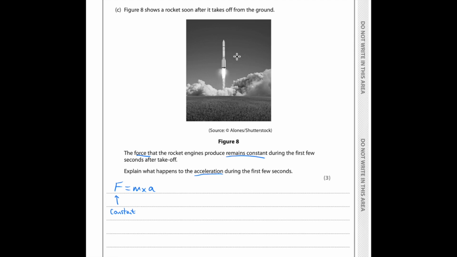So as the rocket is going up, it's burning fuel. And as it burns fuel, the mass is going to decrease. So this number here, the mass, is going to decrease. And if this remains constant and this number is getting smaller, that must mean that the acceleration is increasing.